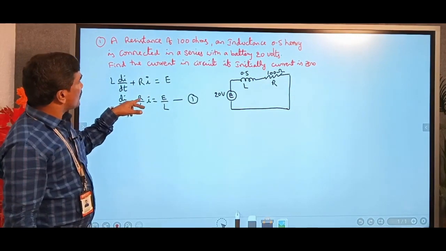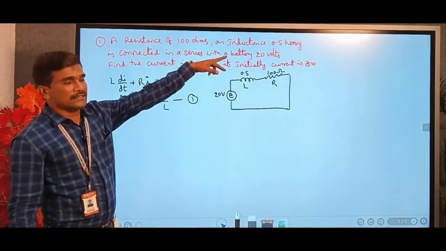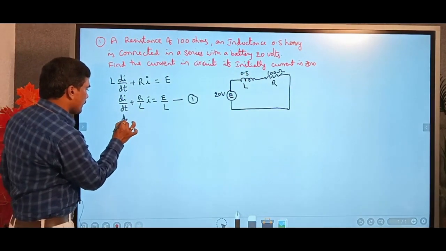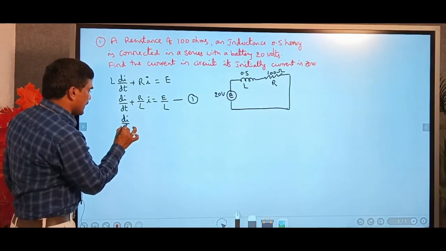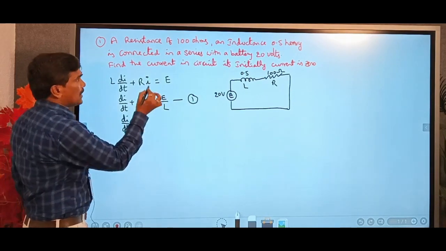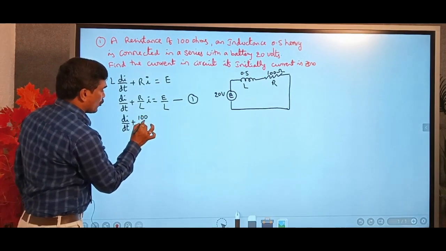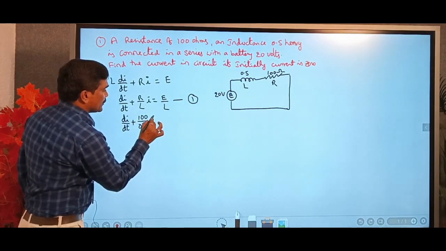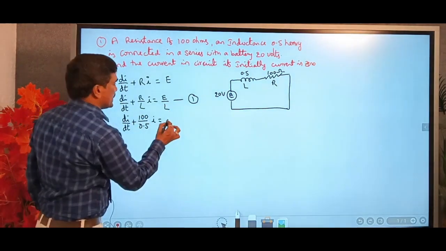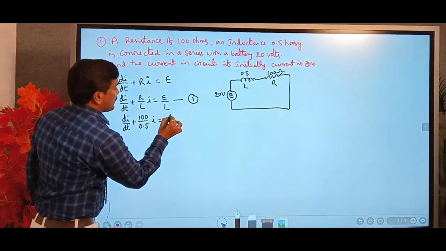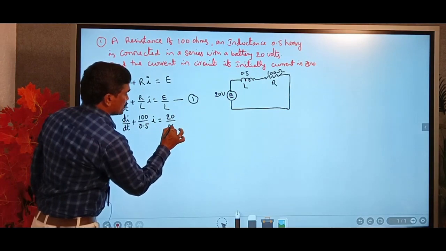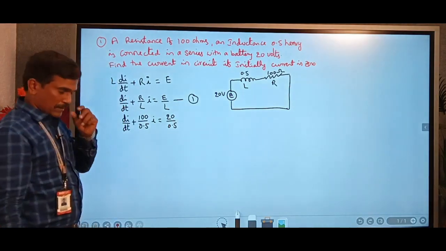Now, R is given and inductance 0.5 Henry. Substitute in this, we get di by dt plus, what is R? R is 100 ohms, L is 0.5 into I is equal to E, battery 20 by L is 0.5, right?